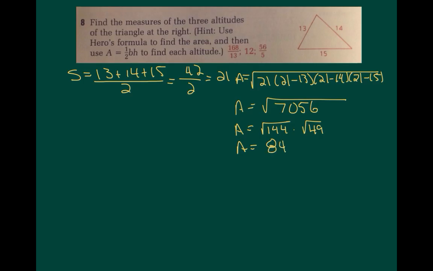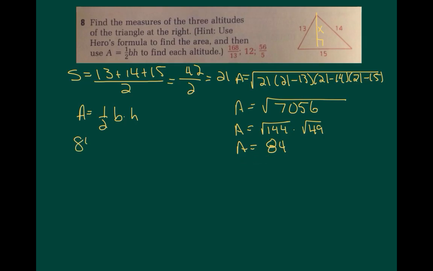So how does that help me find the altitudes? Well, let's take one of them. I'm going to drop the altitude from that vertex at the top, and if I call it, let's say, x, then I know area equals 1/2 base times height. I used Hero's formula to calculate the area, and I know that's 84.